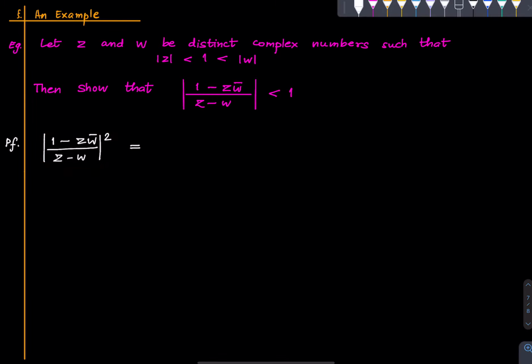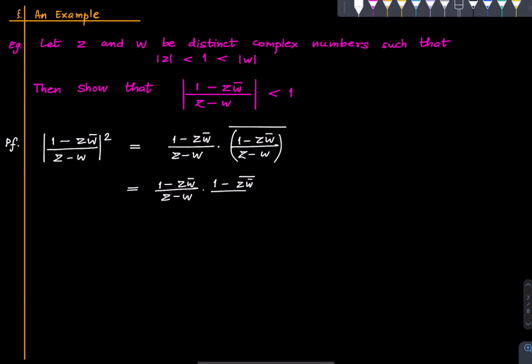So this is equal to that, as we just learned, which is equal to 1 minus z w bar upon z minus w. That will be 1 minus z w bar whole bar divided by z minus w whole bar.